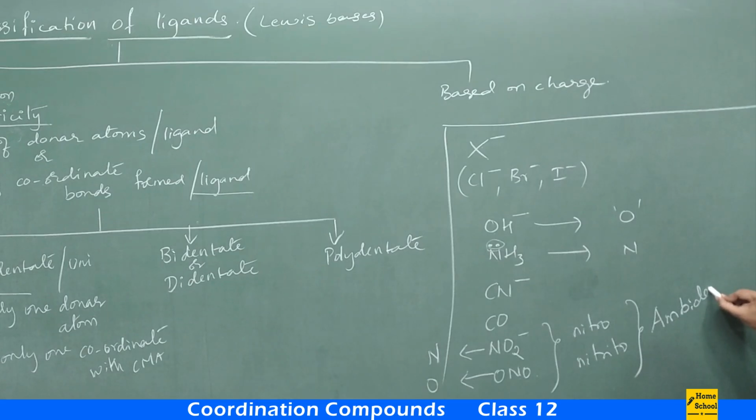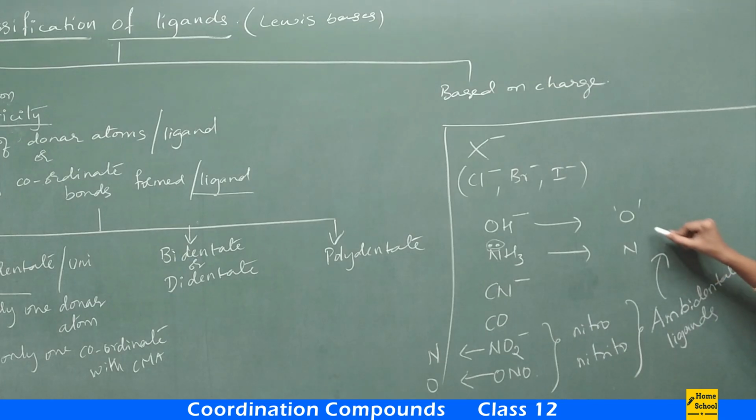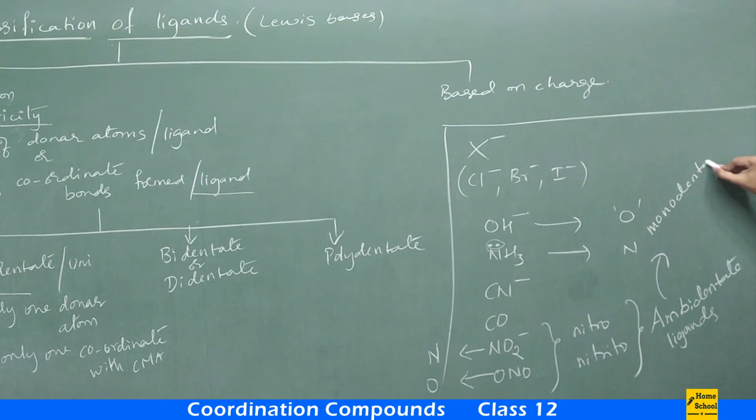This is also very, very important. For many board examinations, they will ask you the definition of ambidentate ligands. Ambidentate ligands are monodentate ligands with two donor atoms, and only one coordinate bond is formed at a time.